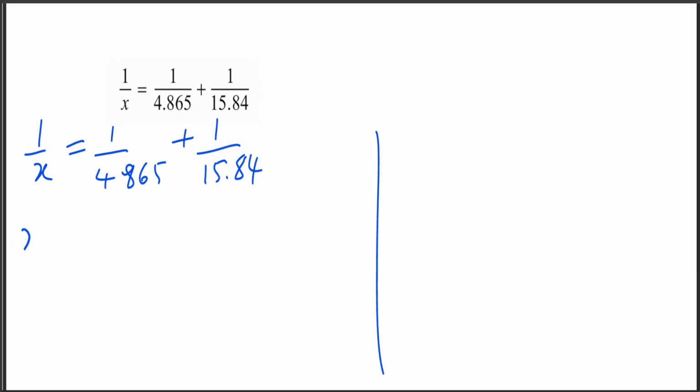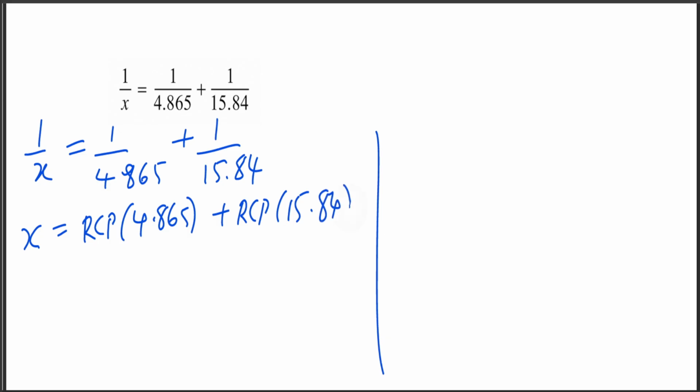It means that for us to find the value of x, we do the reciprocal of 4.865 plus the reciprocal of 15.84. So its reciprocal is 4.8, but let us write this first.